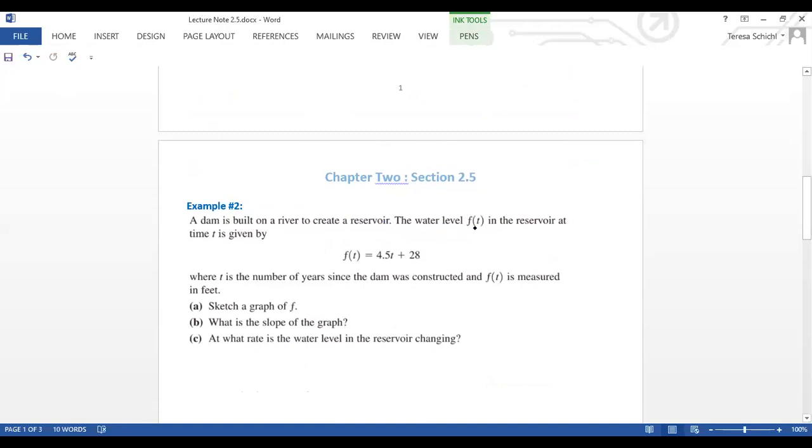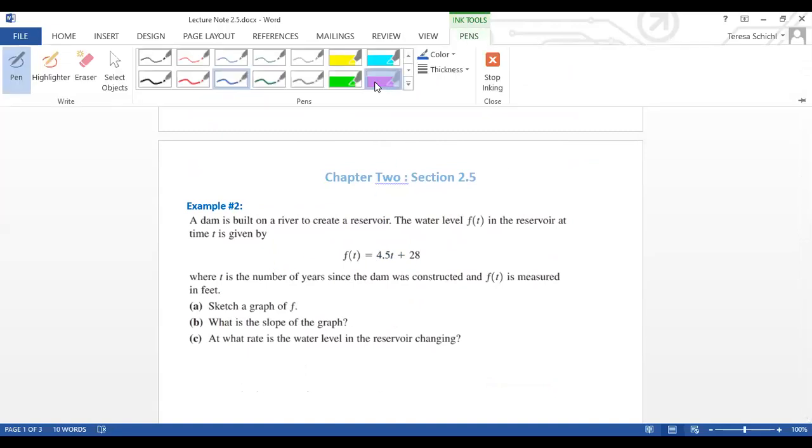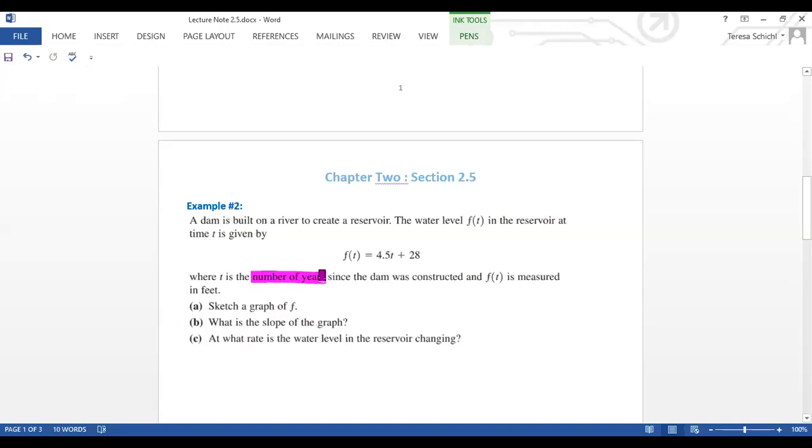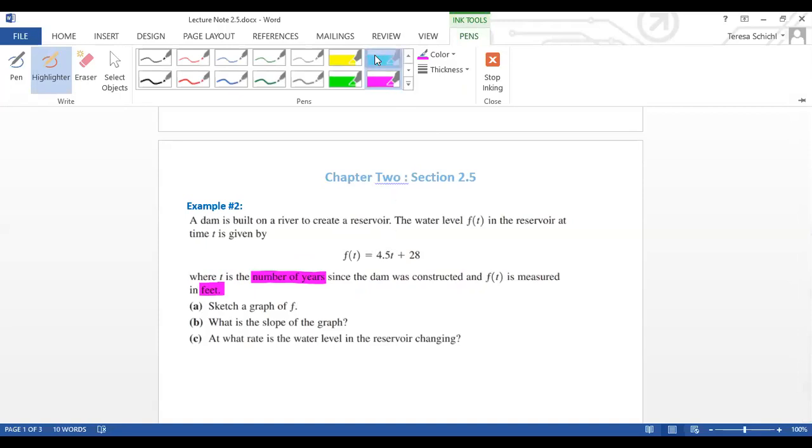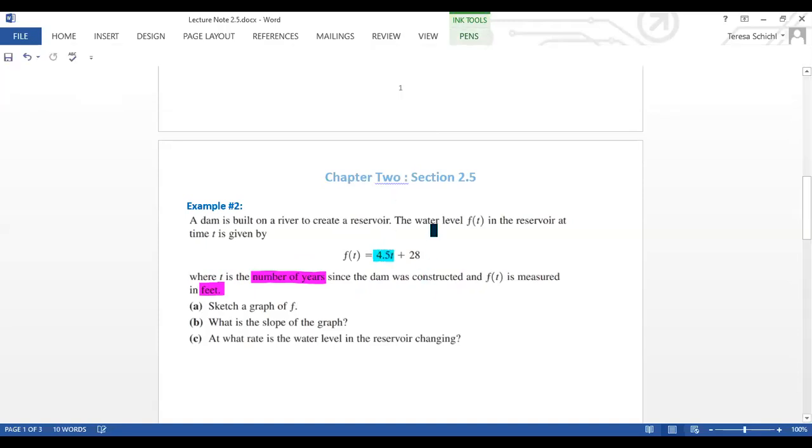The water level F(t) in the reservoir at time t is given by 4.5t, and be careful, t is the number of years since the dam was constructed, and F is measured in feet. Remember the slope here is 4.5. What does that mean?